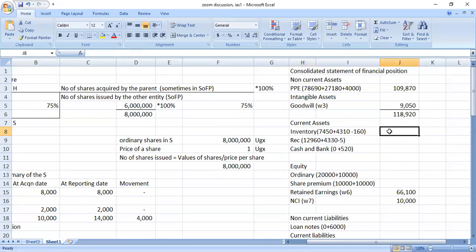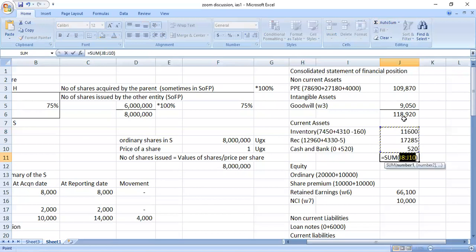Inventory, I have that 16. Then receivables. And for cash, I think it's just 520. So when I add total assets, I have 1,148. These are total assets.